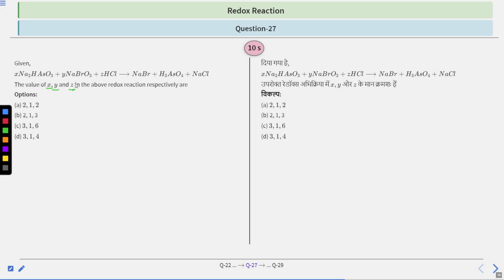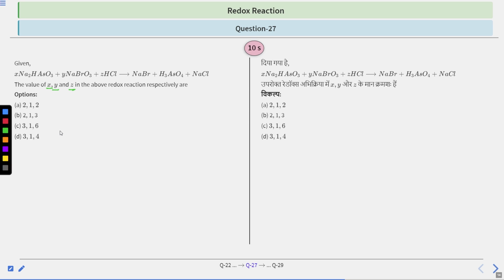Okay, so we just have to balance it. We have to match the number of atoms present on both sides, reactant and product. It should be equal in the reactant and product, right? Options are 2, 1, 2; 2, 1, 3; 3, 1, 6; or 3, 1, 4.